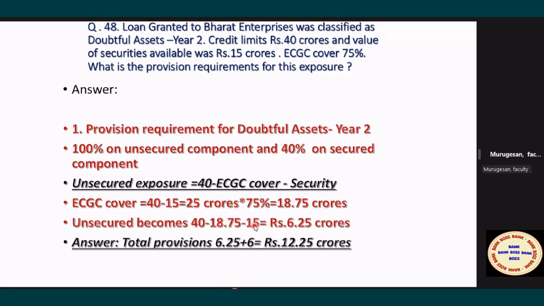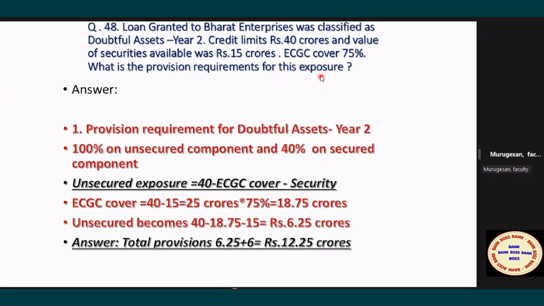So on the 15, you have to again provide 40% because it is the second year. The provision for the security is because that is a likely loss. The 15 you may not realize. You may lose 40%, so the loss may be 40% of 15, which is 6. So the total provision should be 12.25.